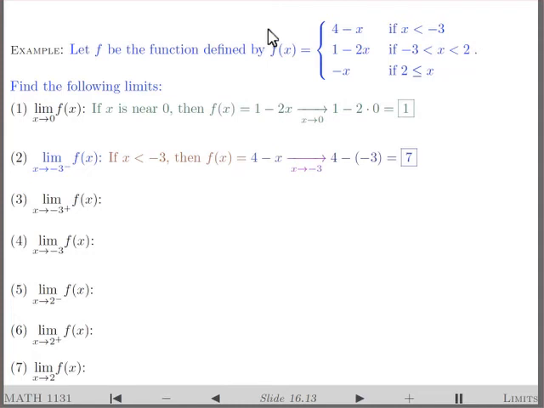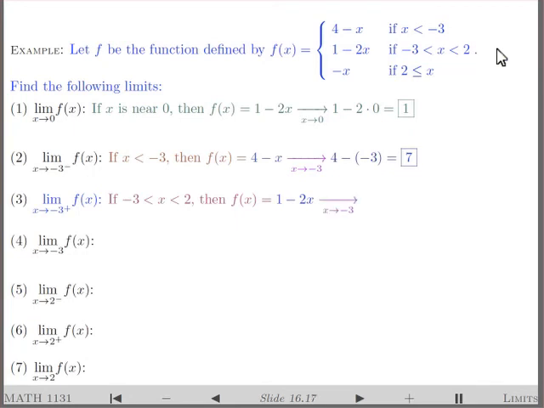What if we take the limit from the right? If x is close to negative 3 but is bigger than negative 3, so you go just to the right of negative 3, that would give me numbers in this interval, negative 3 to 2. And in that case, f of x is 1 minus 2x, and we find its limit as x approaches negative 3 from the right.